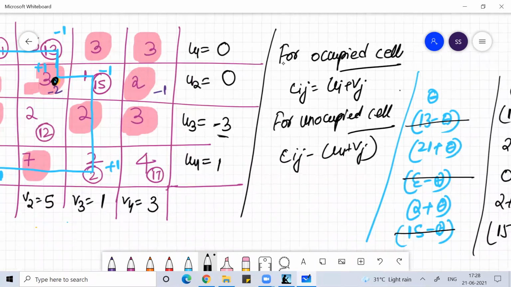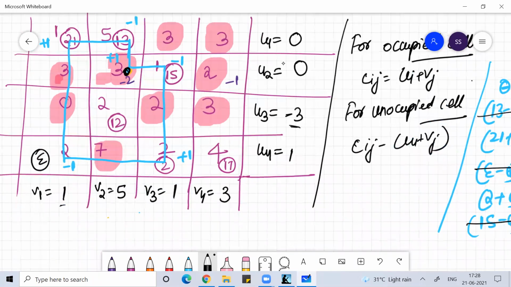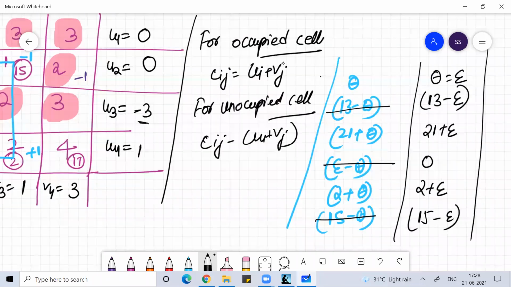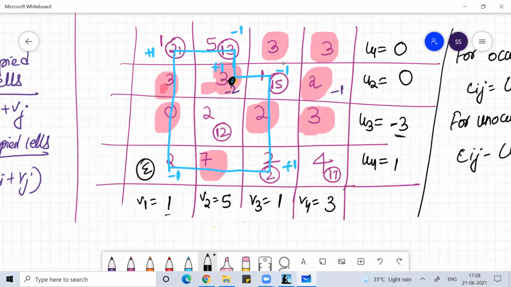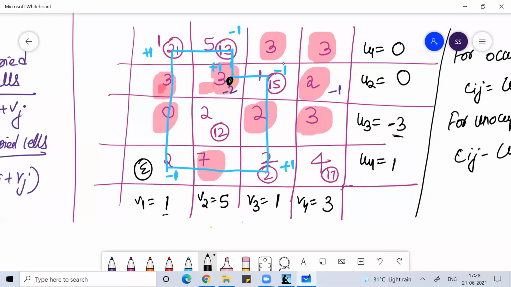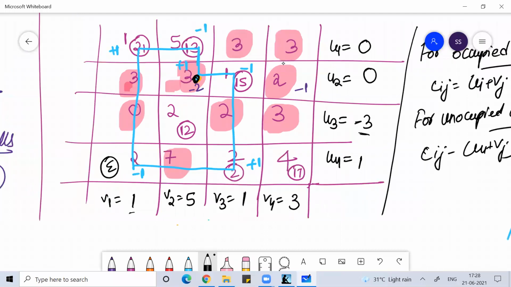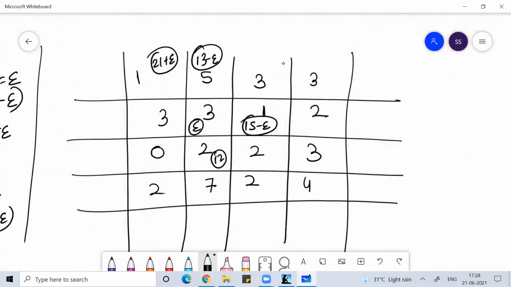Then 2, that is -1, unoccupied cell. Then this 2 is 12. So allocation is 12. Then this 2, that epsilon gone. Then third 2 becomes 2 plus epsilon.